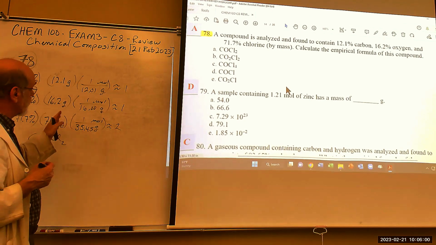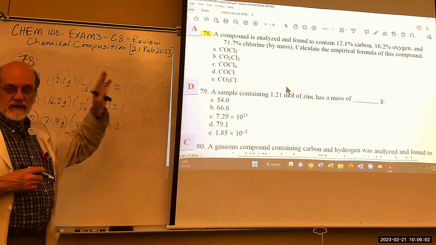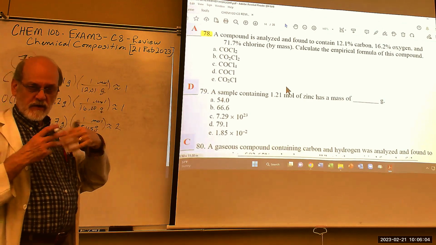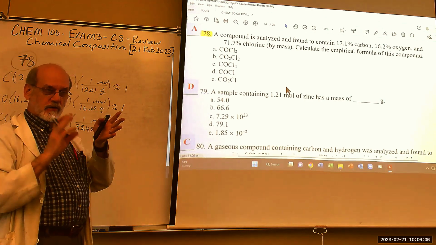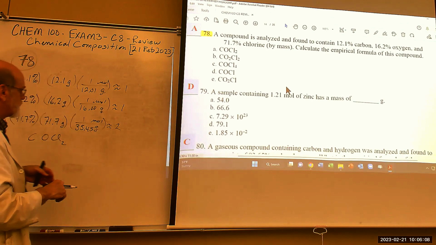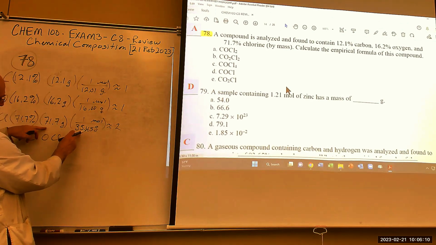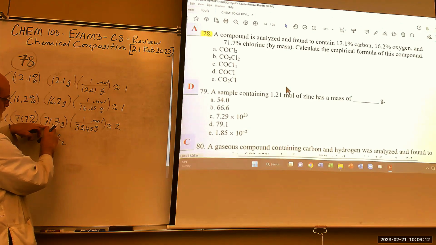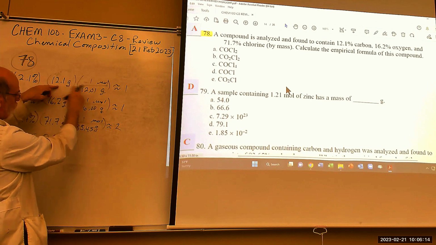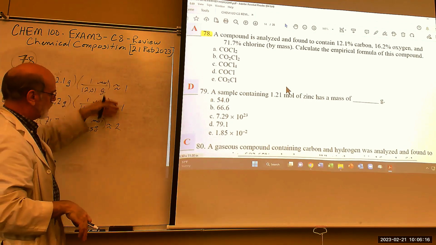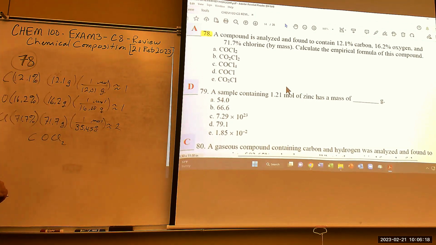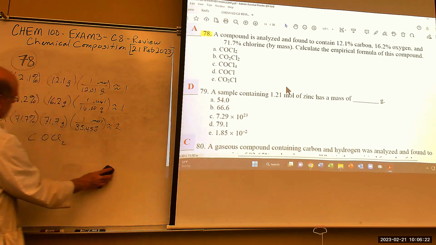Now, if you want to, you can go ahead and do the calculations and find out exact numbers, but then you've got to ratio them and get them down to whole numbers. And I just saw an opportunity to knock this one out. That into that is about 2, about 1, about 1. So we're going to end up with a 1:1:2 ratio anyhow, no matter how you go about it. And that just saves you time on a test.